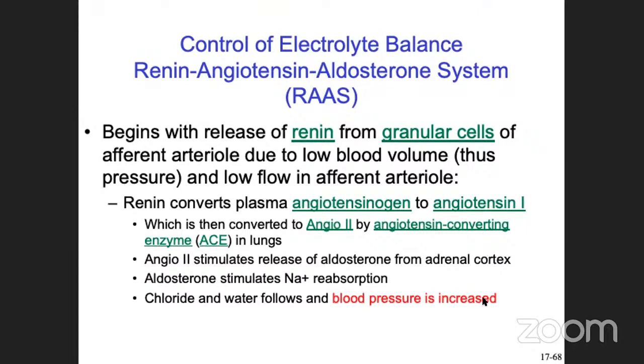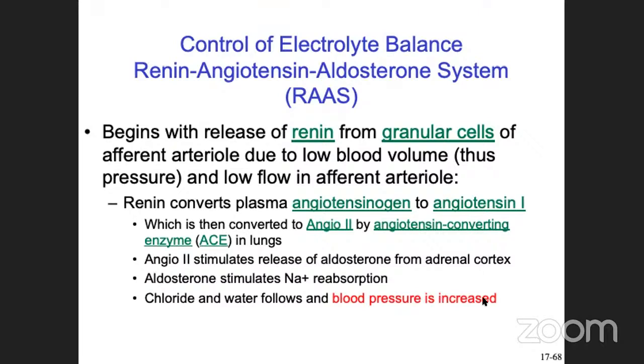This is the long-term system. Other than that, your body has a short-term mechanism to regulate electrolyte balance. As I mentioned earlier, the short-term one uses the hormone aldosterone. But the renin, angiotensin, aldosterone system is for a longer period, for the long-term reactions.